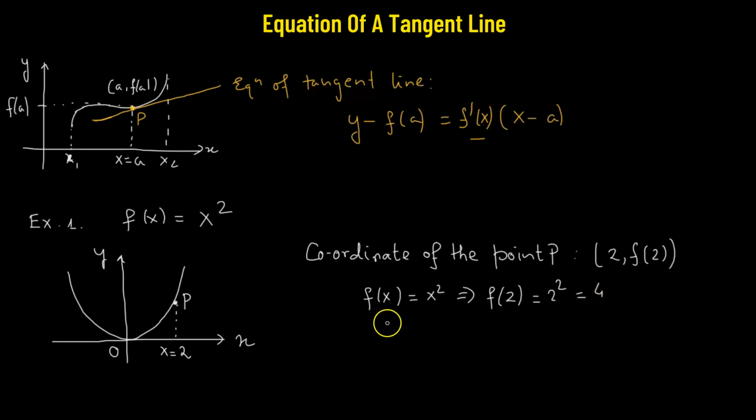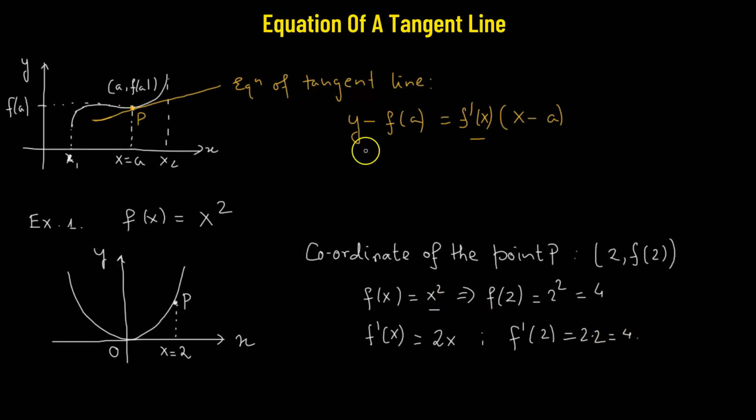And we also need the slope. The slope is simply the derivative of the function. The derivative of x squared, we have done it countless times, is simply 2x, obtained by using the power rule. The value of this slope at x equals 2 is 2 times 2, which equals 4.